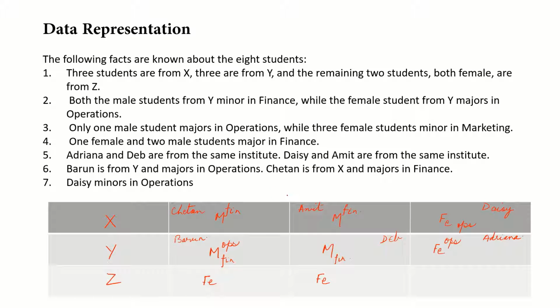Some other information: 1 female and 2 male students major in finance. So 1 female student, we do not know who she might be, while 3 female students minor in marketing. So since we have Daisy doing marketing, this would be marketing. This also would be marketing. This also would go as marketing.